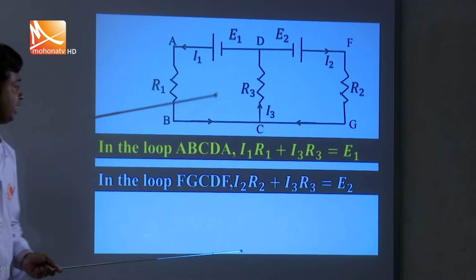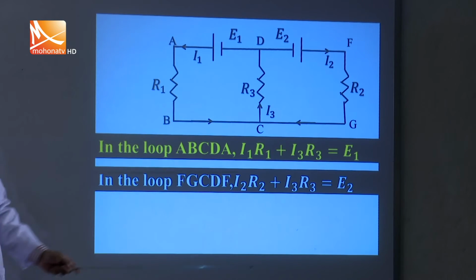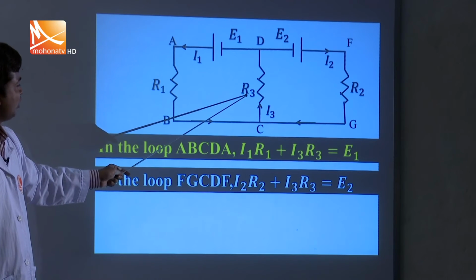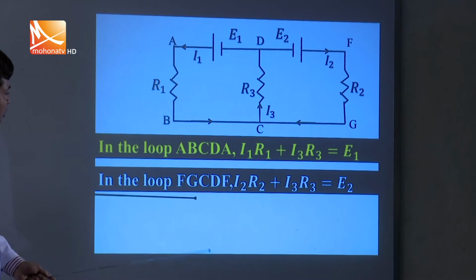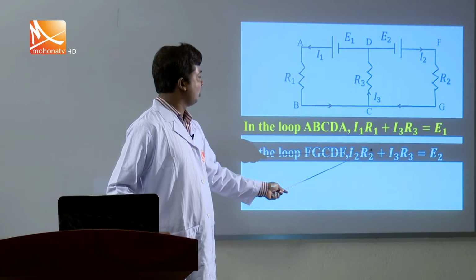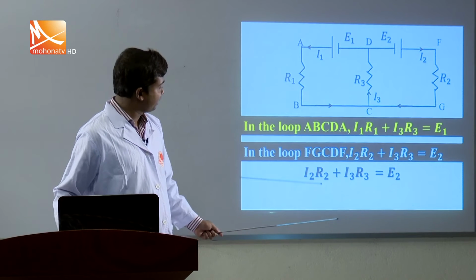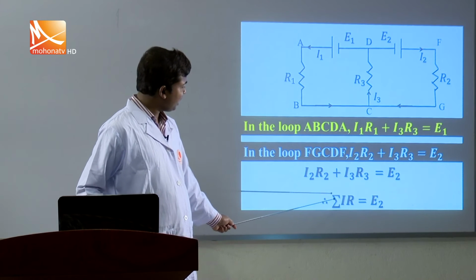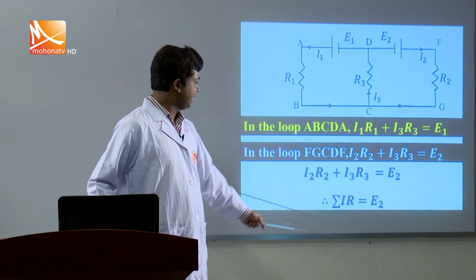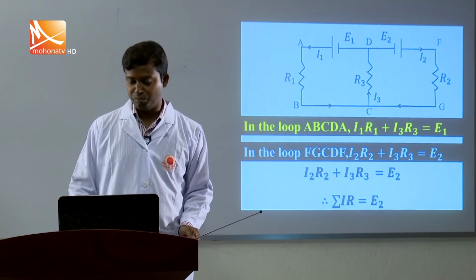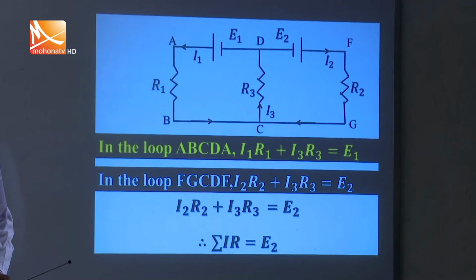In this case, you can easily apply this: I2 R2 plus I3 R3 equals E2. So, this is the application of loop theory. Mathematically you can write summation of IR equals E. This is the algebraic sum of the products of potential difference and resistances.